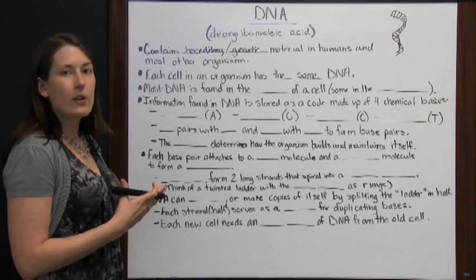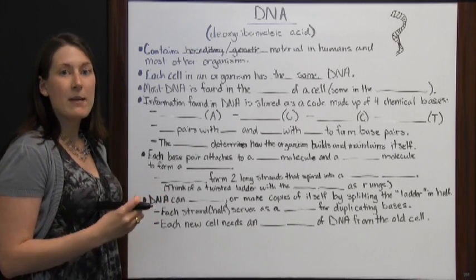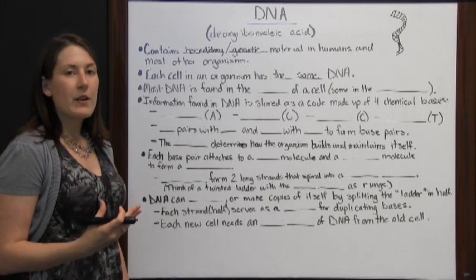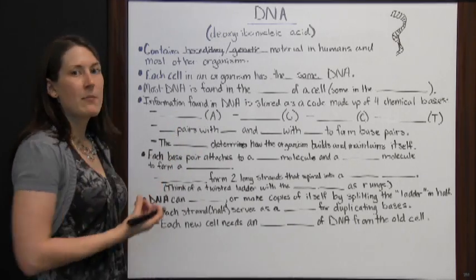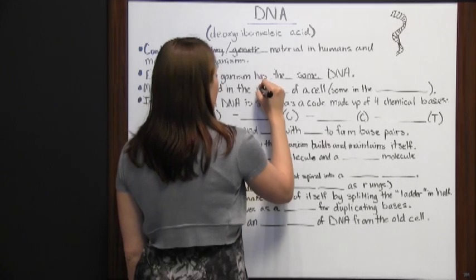This is the same for other organisms. Each cell in the organism's body is going to have the same DNA pattern so that you'll be able to tell that it came from the same creature. Most DNA is found in the nucleus of a cell.